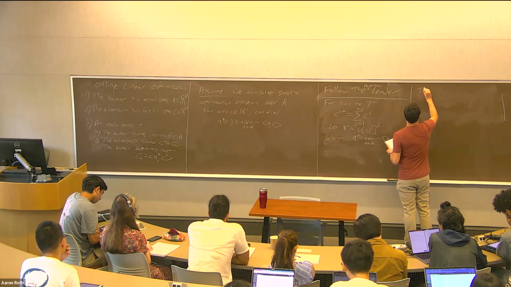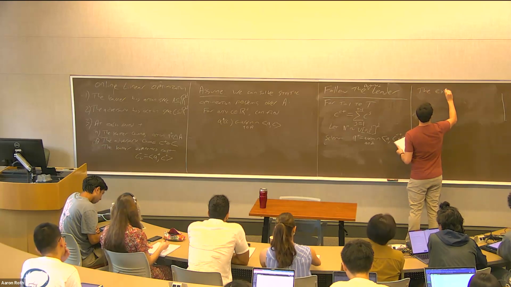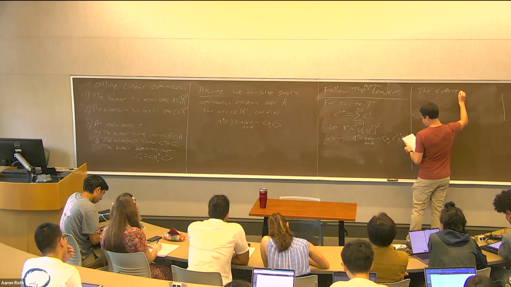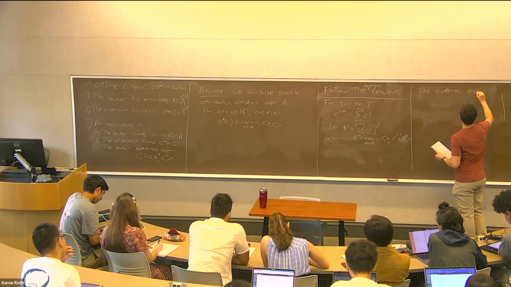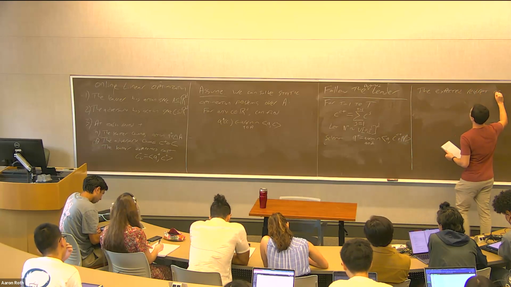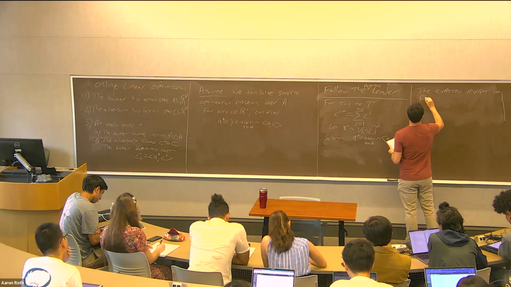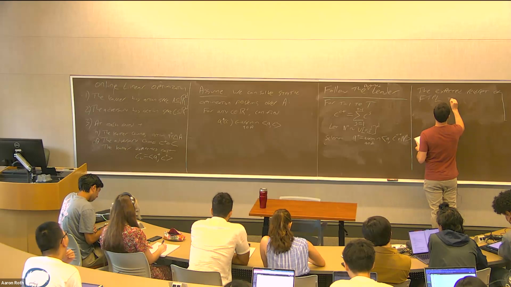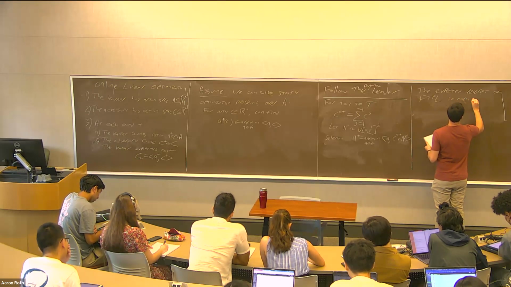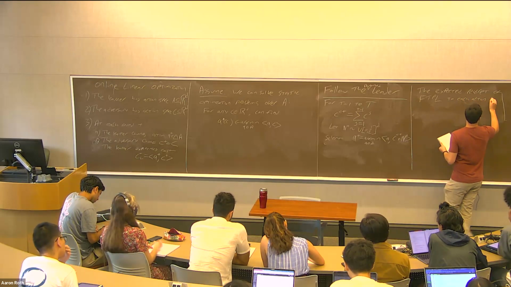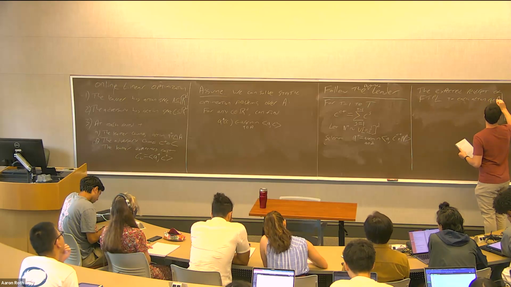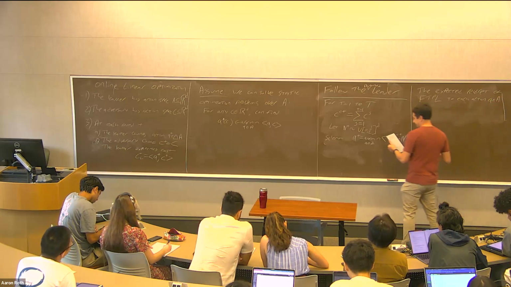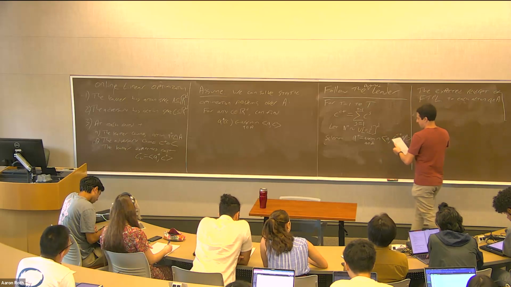The expected regret of follow the perturbed leader, FTPL, with respect to each action A in the action space is bounded as follows.